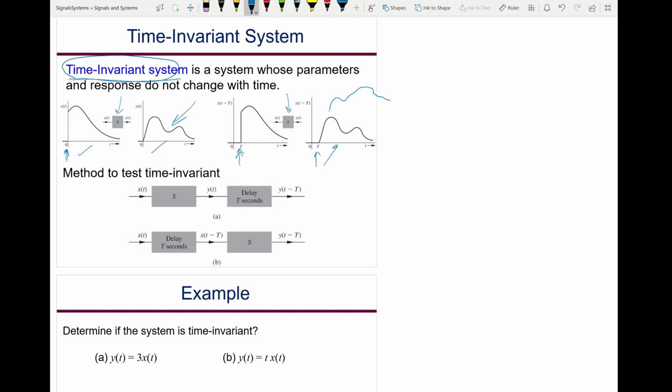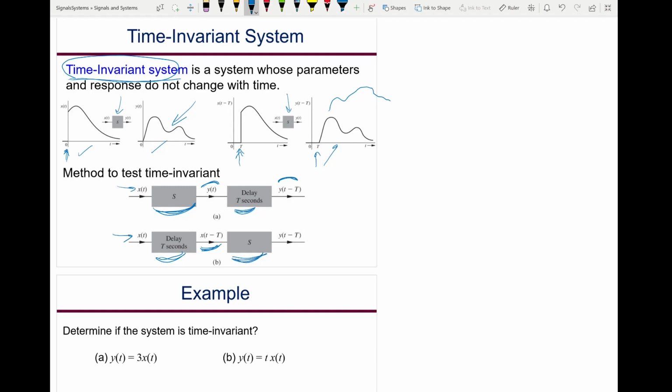So how do we test? Is this system time invariant or time varying? Well, the test is simple. First, you take the system you want to test and excite it with an input and find the output, y of t. Now, I will delay this output y of t by any value of seconds, capital T. Maybe I will delay it by 2-3 seconds. This is the output after the delay. Now, if I take the same input, x of t, and I delay it by the same capital T, so now this input exists maybe at 1 o'clock in the afternoon, and this input hits the system I am testing.